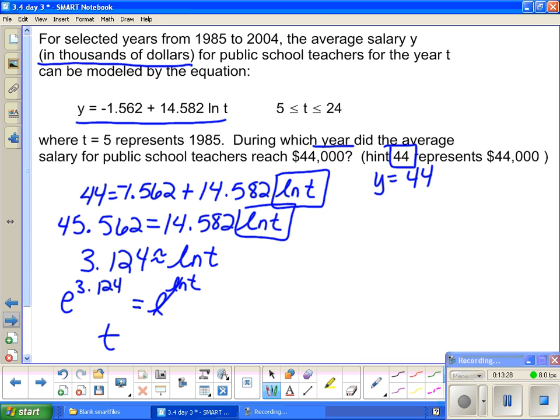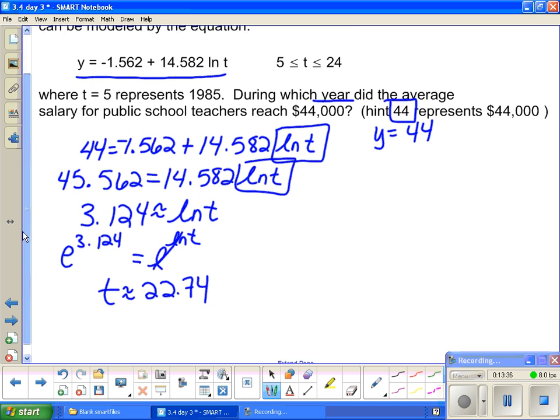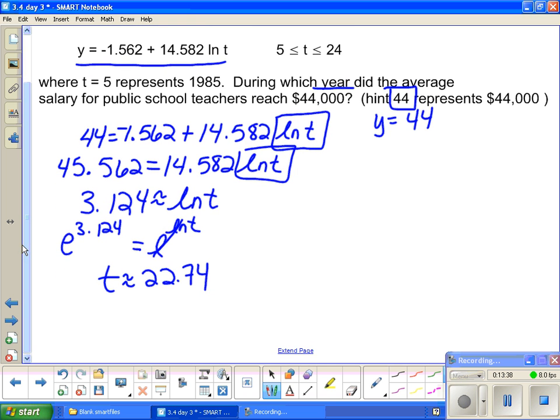So t is approximately 22.74. Now, here comes, I've got to think this through a little bit more. Here's the logic. Since t equals 5 already in 1985, so I've used 5 of my t's already.